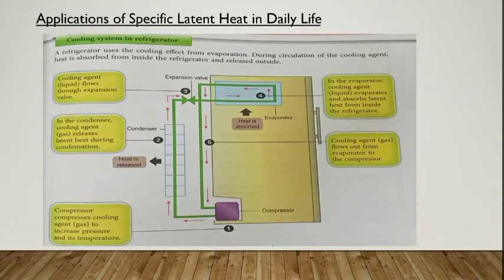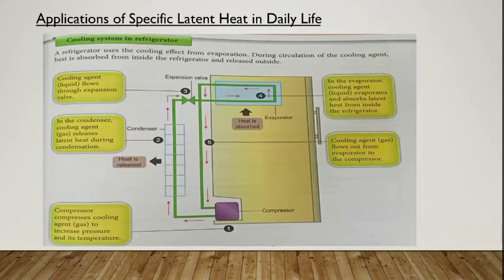Cooling system in a refrigerator. A refrigerator uses the cooling effect from evaporation. During circulation of the cooling agent, heat is absorbed from inside the refrigerator and released outside. First, the compressor compresses the cooling agent gas to increase its pressure and temperature. In the condenser, the cooling agent gas releases latent heat during condensation.